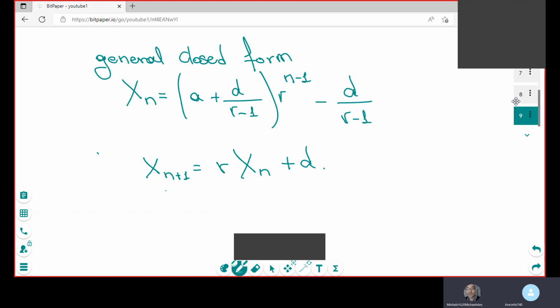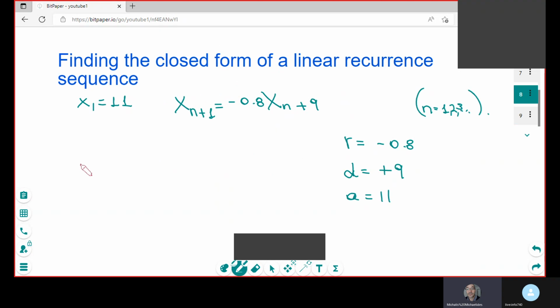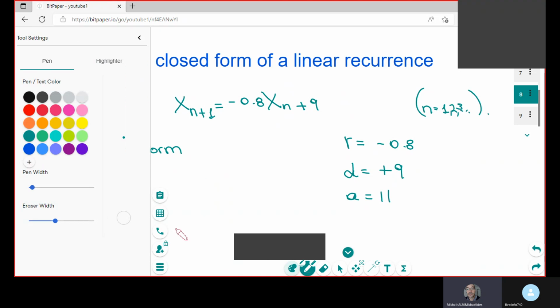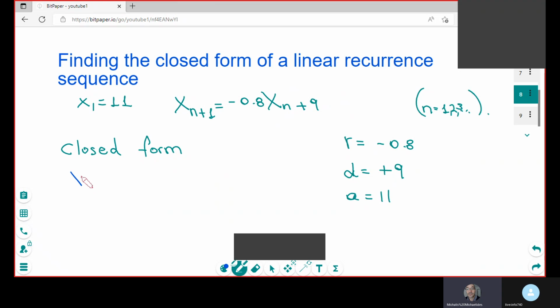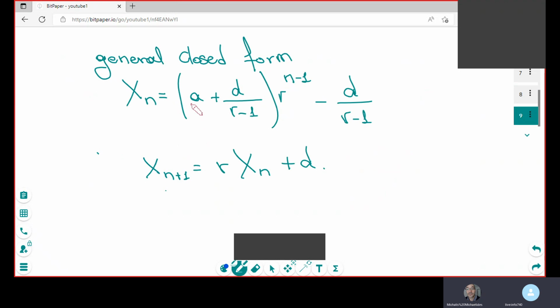So what we need to do here is to write the closed form of this recurrence sequence. So the closed form is xn equal to, let's see the formula, because we need to base on the formula, which is a plus d over r minus 1.